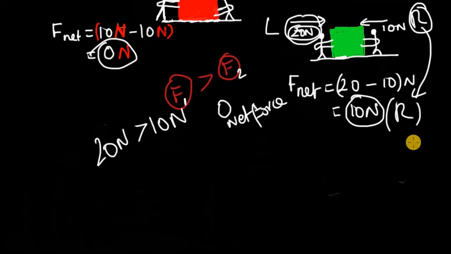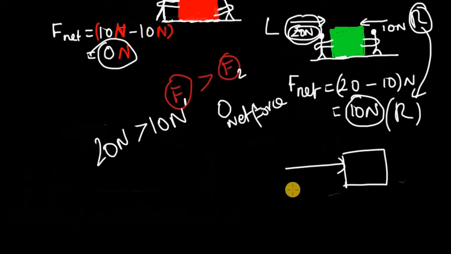So there is a box, and the net force is 10 Newtons to the right. I have subtracted the forces to get this. That means there is a 10 Newton net force. If there is a net force, then the object will move.